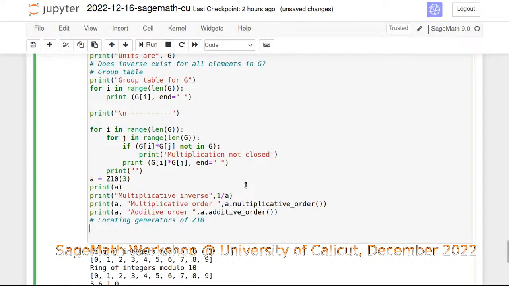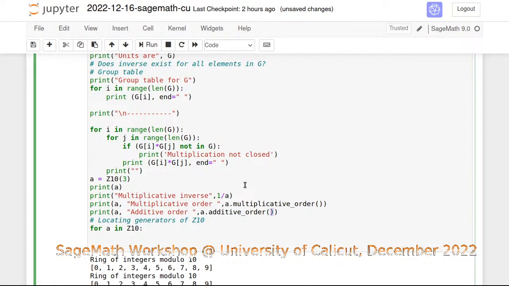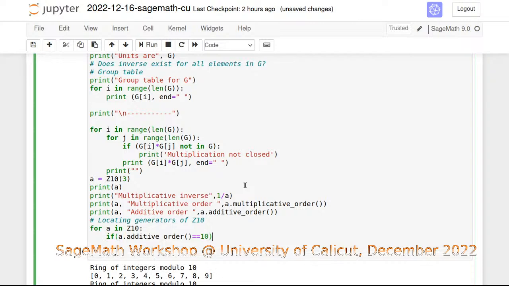Locating generators of Z10. How do we do that? Let us just loop for A in Z10. If A.additive_order() is equal to 10, you may simply print A, generator.